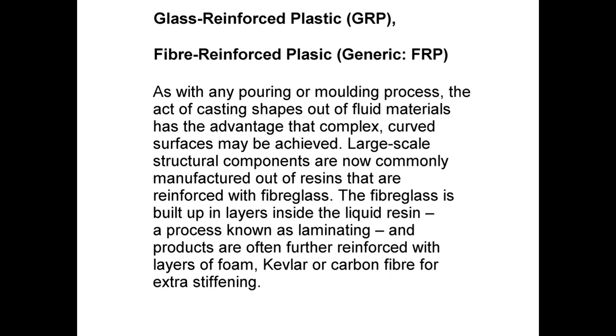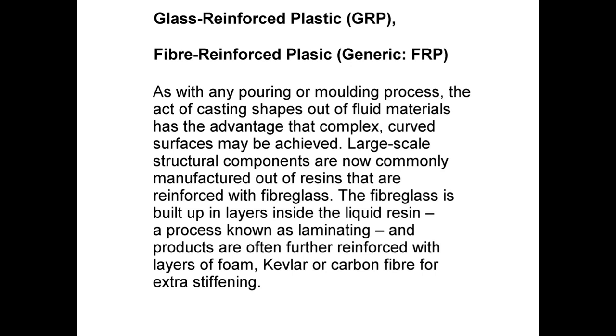As I've said to you before, I don't like to read from the screen, but I'll just read this one out anyway. As with any pouring or moulding process, the act of casting shapes out of fluid materials has the advantage that complex curved surfaces may be achieved. Large-scale structural components are now commonly manufactured out of resins that are reinforced with fiberglass.